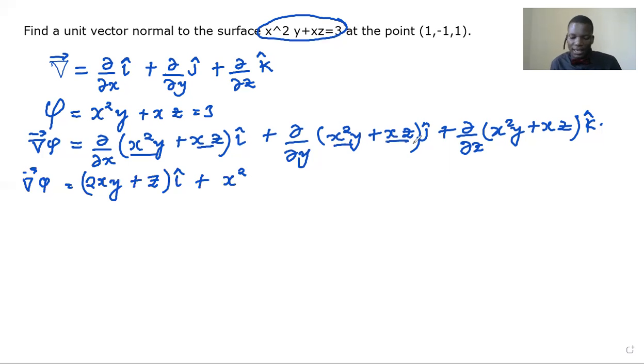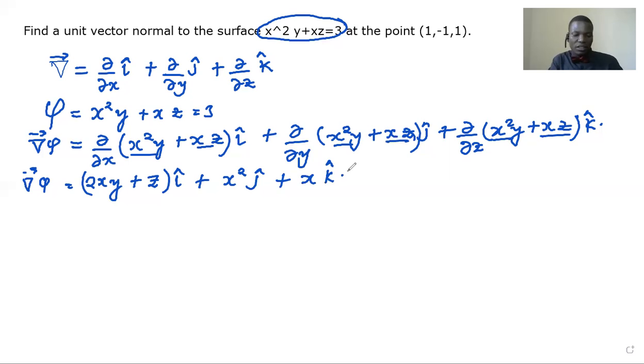Here we don't have y in the second part, so it's 0. Then we go to the last part. In the first part of this scalar, we don't have z to differentiate, so this is 0. When we differentiate z there, we get x with k.